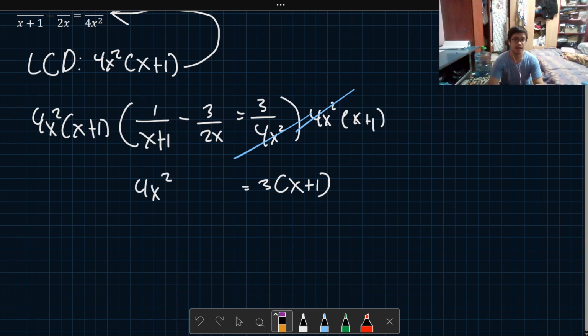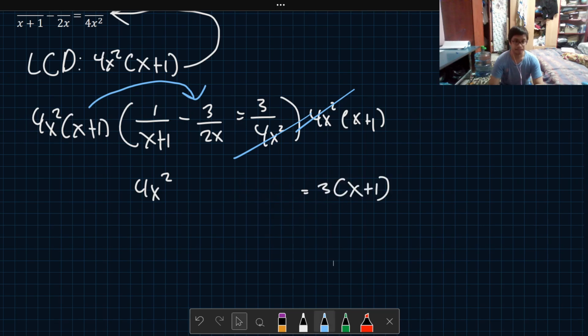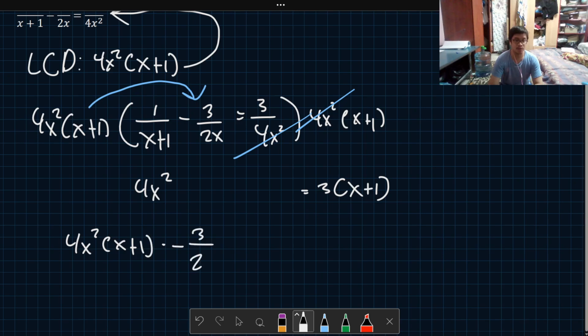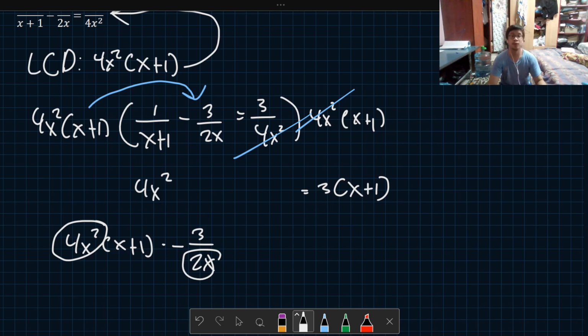Okay? Next, you multiply the LCD to the next term, which is negative 3 all over 2x. So again, if you're going to multiply them, it would look like this: 4x squared times x plus 1 times negative 3 all over 2x. We can simplify 4x squared and 2x because both of them are divisible by 2x. 2x divided by 2x is 1. 4x squared divided by 2x, you will get 2x.